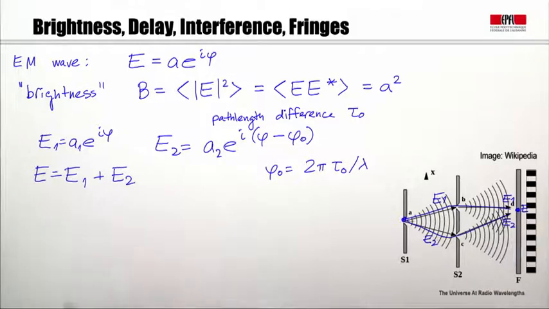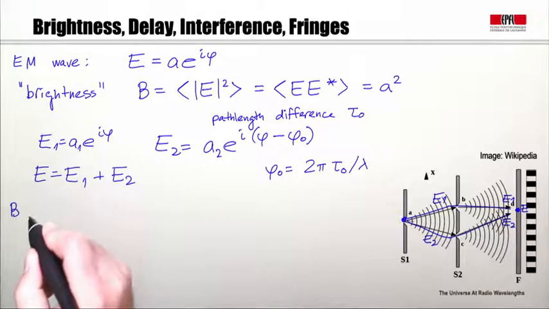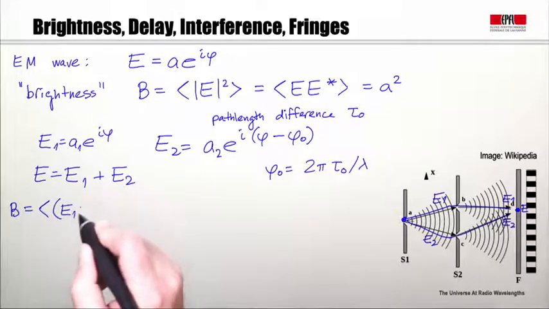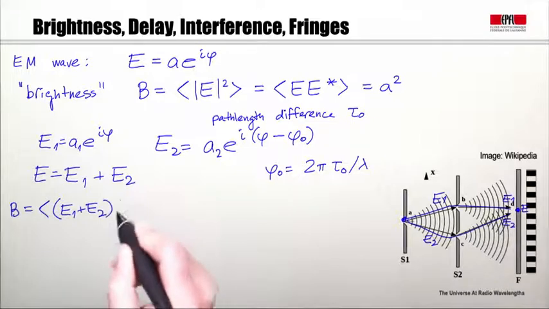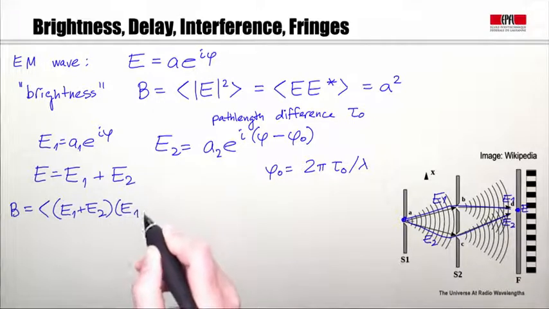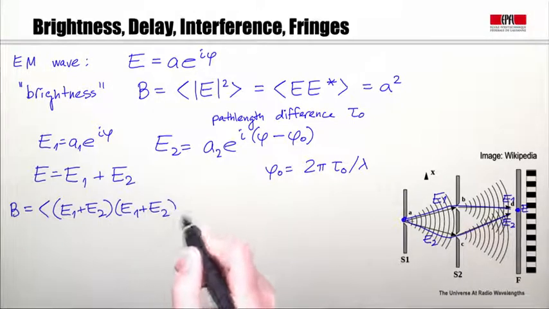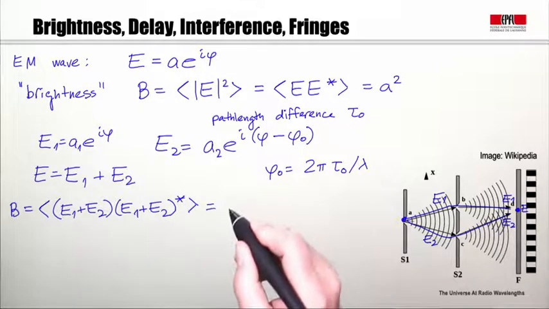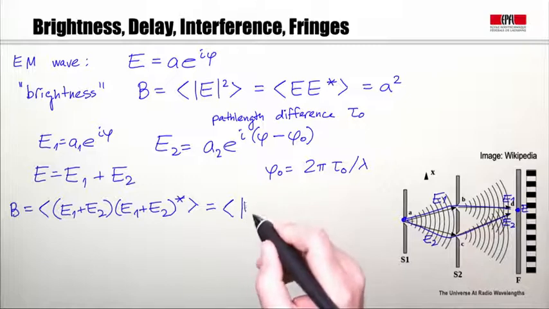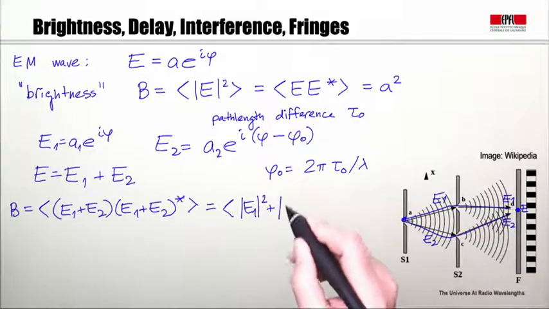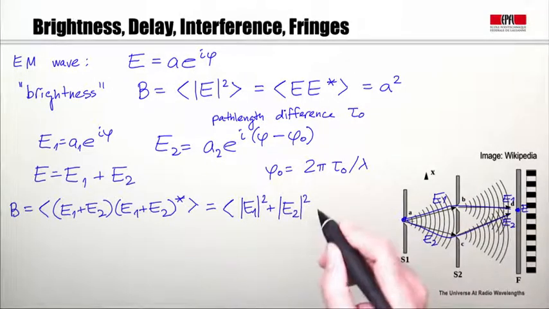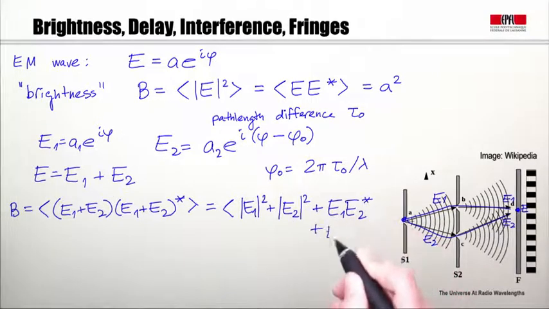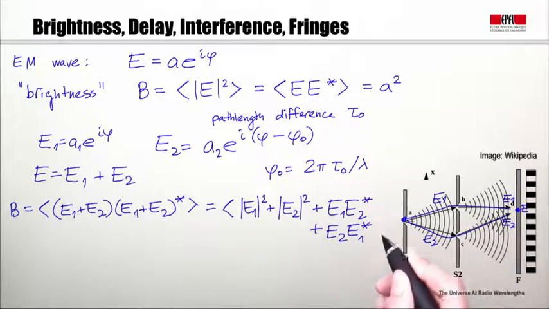So let's work out what the brightness is. Brightness will be the average of E1 plus E2 times E1 plus E2 conjugate. So writing this out, we get E1 squared plus E2 squared plus E1 E2 conjugate plus E2 E1 conjugate.